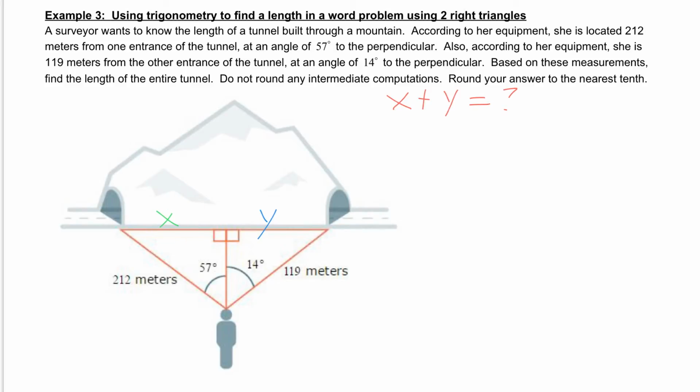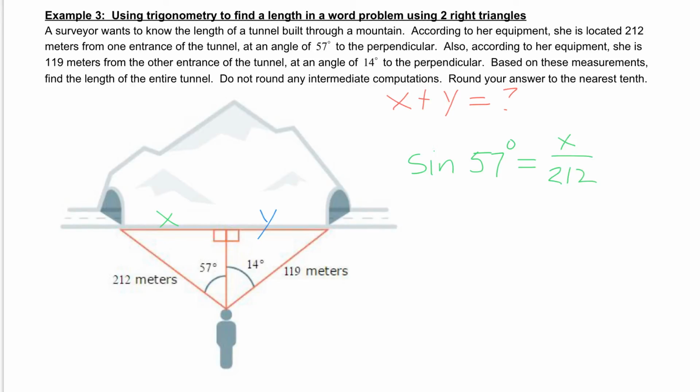If we take a look at X, our angle 57 here, we have the opposite and the hypotenuse. So if we have the opposite and the hypotenuse, we want to use the sine function. So we can say the sine of 57 degrees is equal to X over 212.